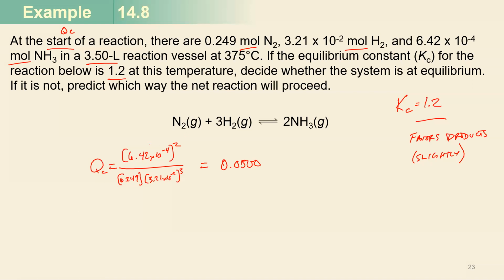So scratch that. Qc equals 6.42 times 10 to the negative 4 divided by 3.5 liters, which is 1.83 times 10 to the negative 4, squared. Yeah, good catch. Thank you for that.